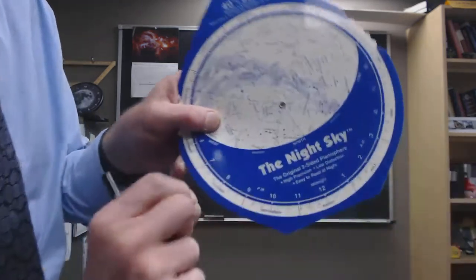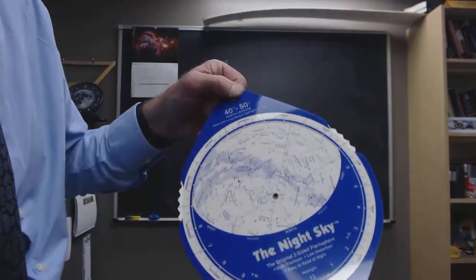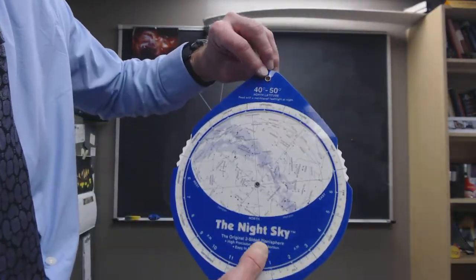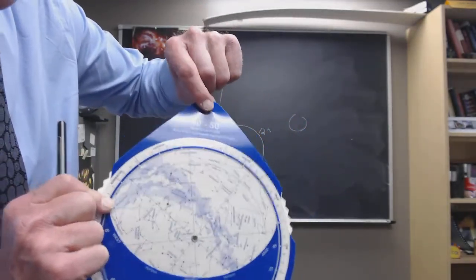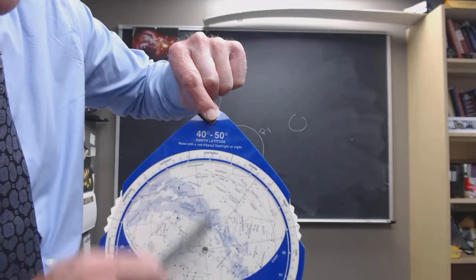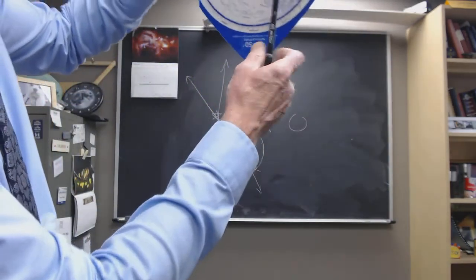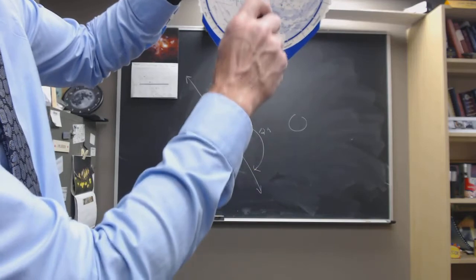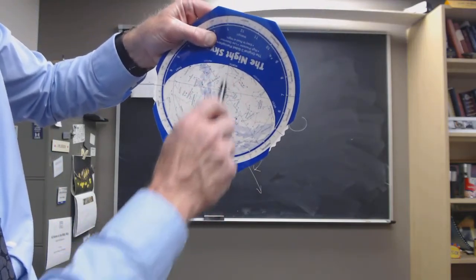So there, I've aligned October 15th with 8 p.m., and I'm going to be able to say the meridian is going to be the line that connects north and south directly overhead. It's going to go right through this hole right here. You could tie a string through there and find your north-south line overhead like this. And so to say, okay, here's my north-south line, and I'm going to find what constellations and objects are directly overhead at 8 p.m. tonight.